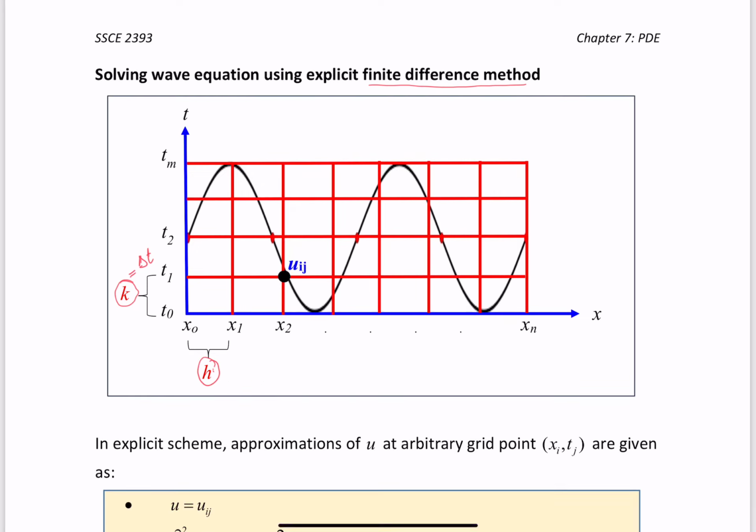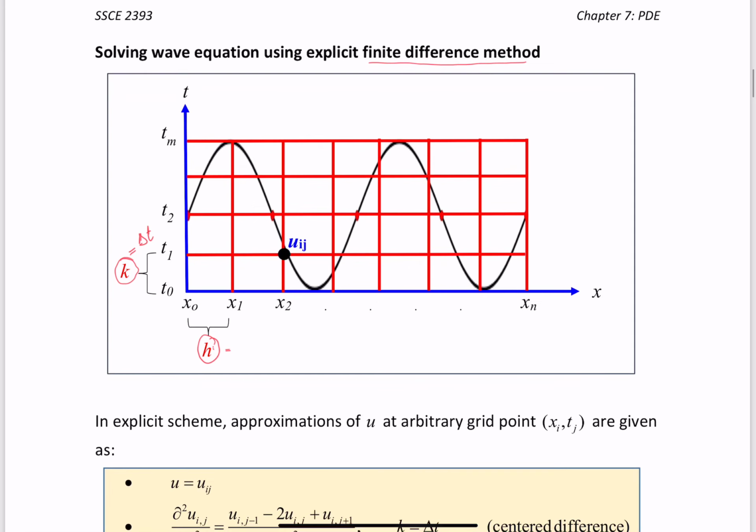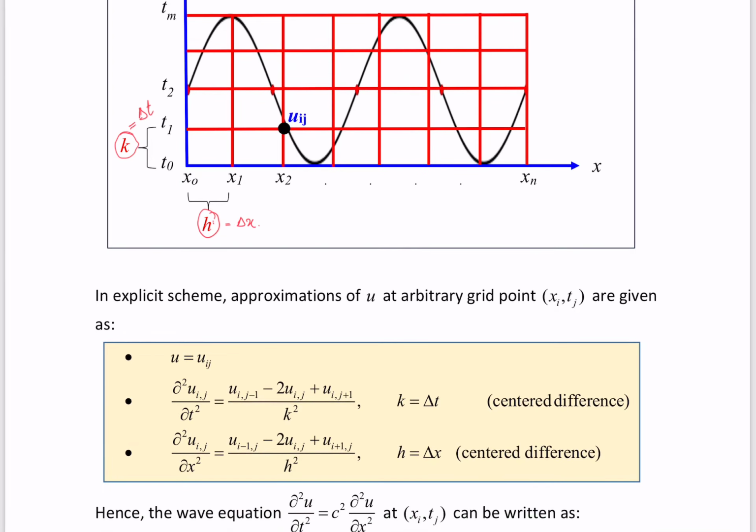And sometimes you also can take a look at some books where we use delta x, meaning that it is the space in the x direction. And our aim is to solve this wave equation by using the explicit scheme.